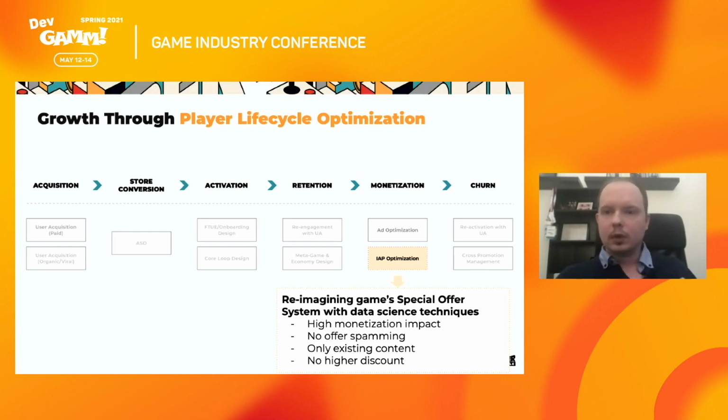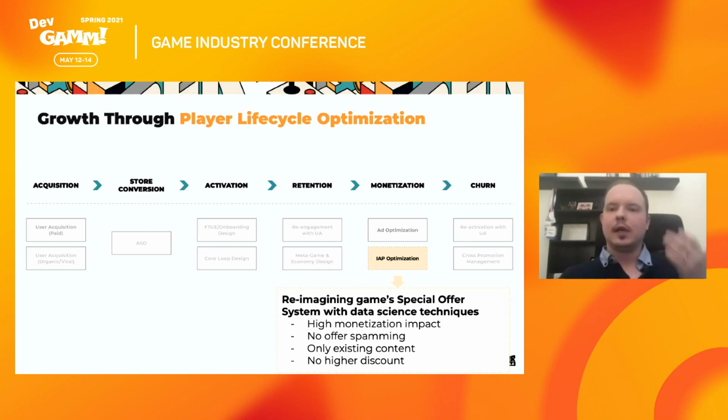Of course, through this optimization of monetization, we are going to also have some additional rules. For example, we are not going to increase the number of offers that the player sees, so we are not going to really spam with offers. We are going to use only existing content, and we are going to use the same or less discount than previously.